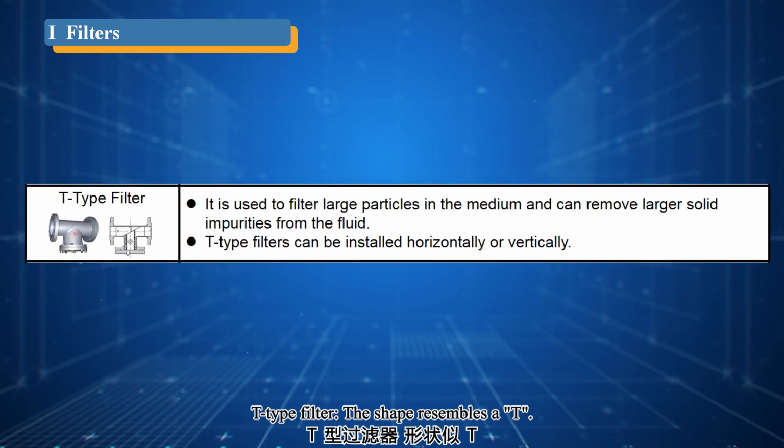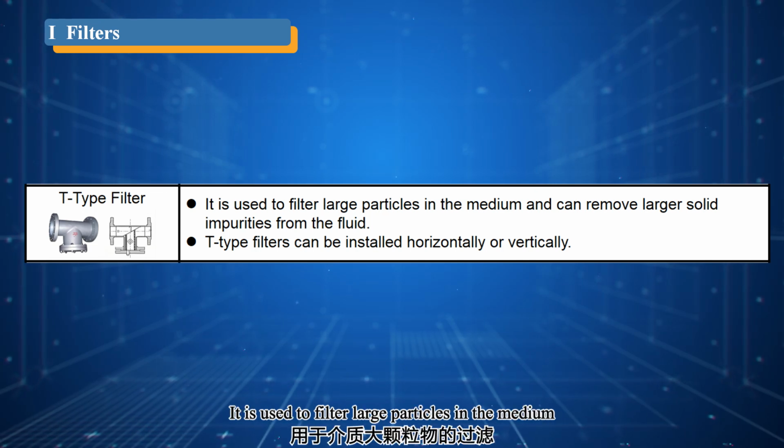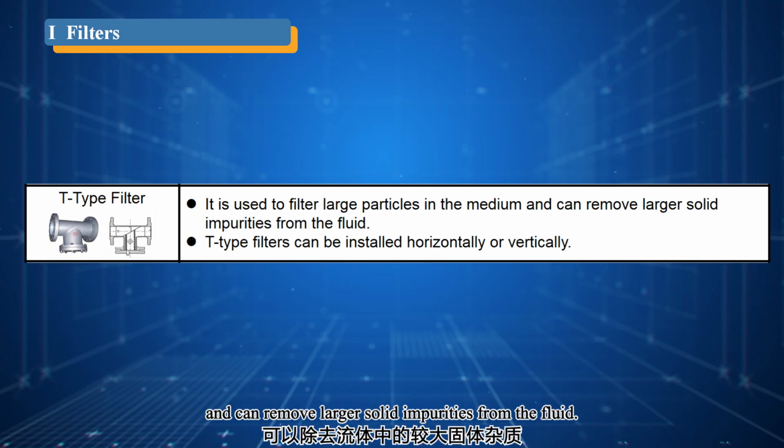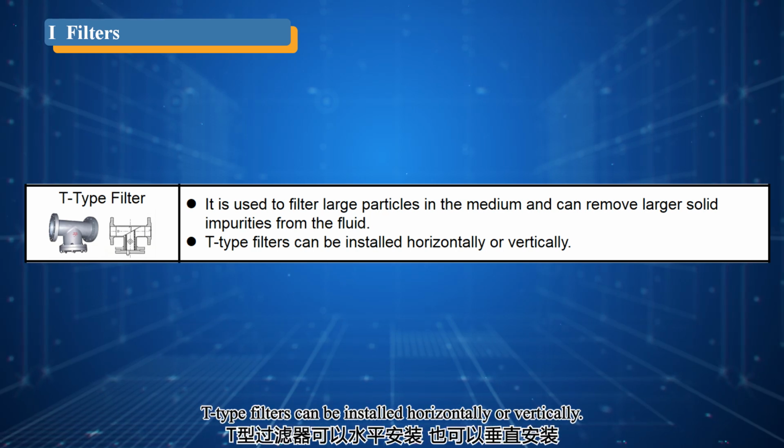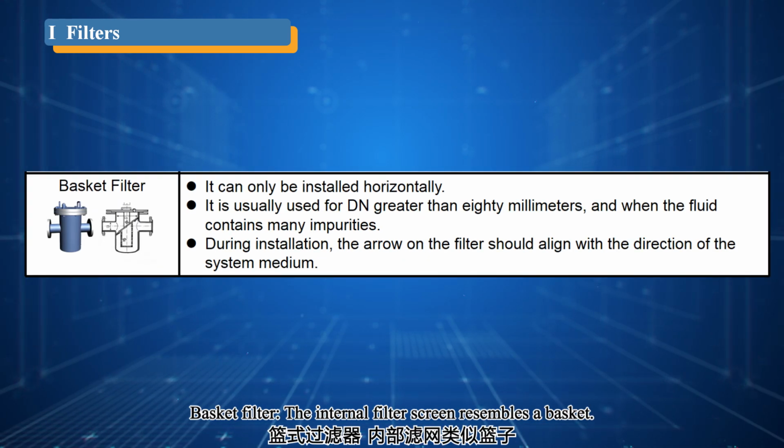T-type filter. The shape resembles a T. It is used to filter large particles in the medium and can remove larger solid impurities from the fluid. T-type filters can be installed horizontally or vertically. Basket filter. The internal filter screen resembles a basket.